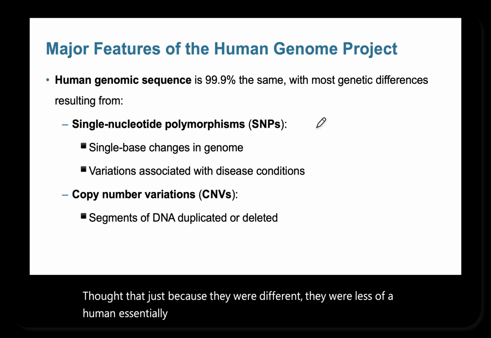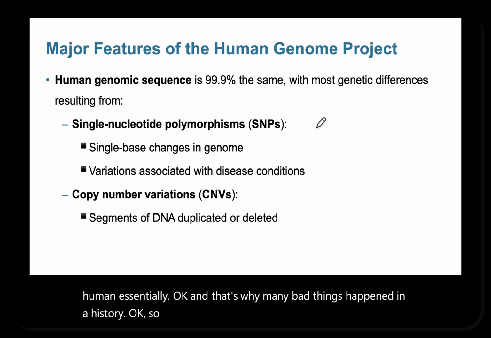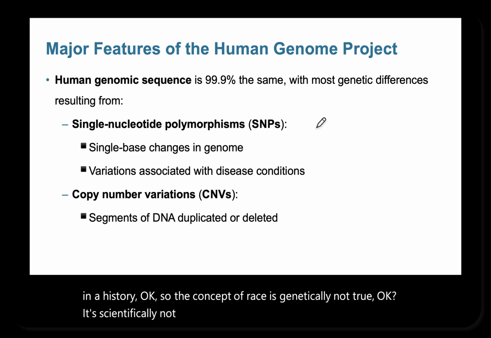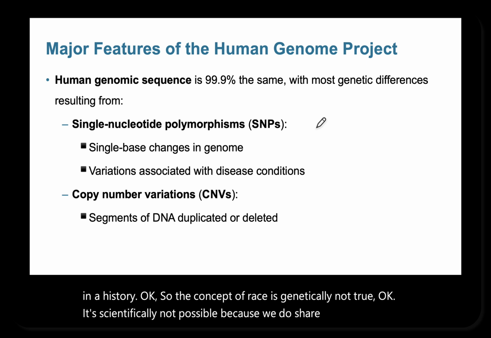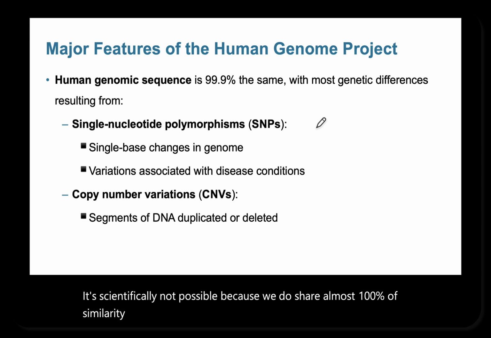And that's why many bad things happened in history. So the concept of race is genetically not true. It's scientifically not possible, because we do share almost 100% of similarity in our genome.